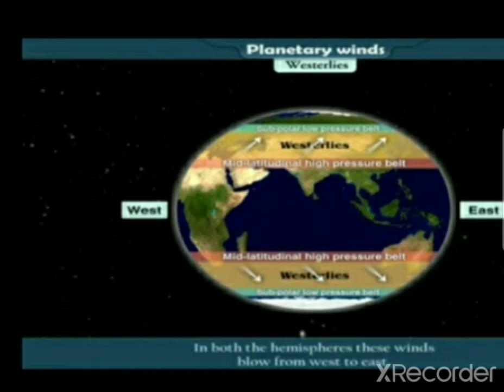In the northern hemisphere, they blow from the northeast to the southwest, whereas in the southern hemisphere they blow from the southeast to the northwest. These winds coming from both sides converge near the equatorial calm belt. These winds are known as easterlies.